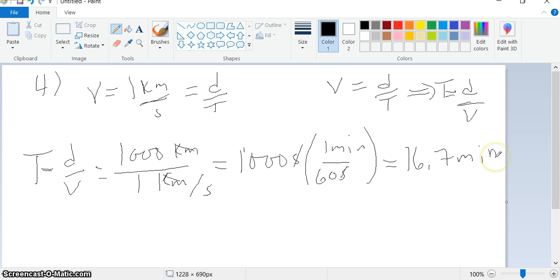All right, and then we're comparing. Let me read the rest of it. Compare your answer with the roughly 10-minute time observed for most. So in other words, if it's going to go 1,000 kilometers traveling at 1 kilometer per second, it would take about 16.7 minutes.